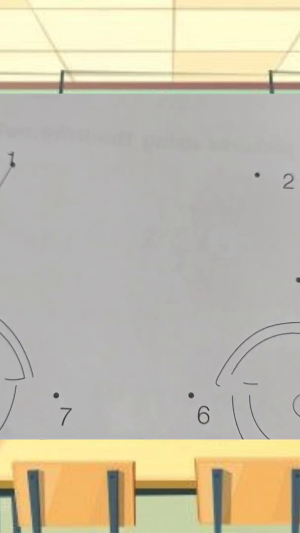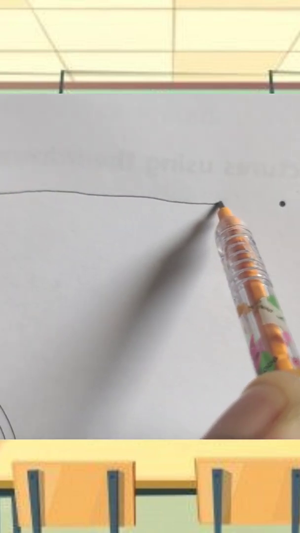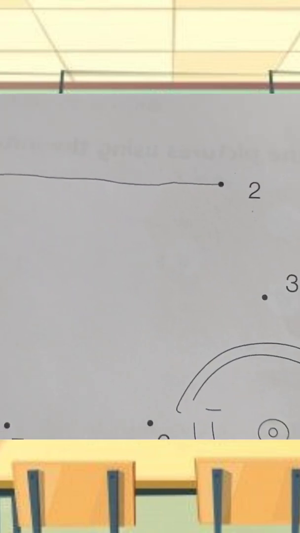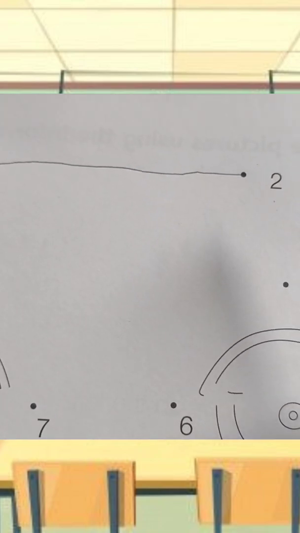So you look, you have to move from 1. Where is number 2? This is number 2. So you move from number 1. You have to use a ruler, right? You move from number 1 to number 2. After 2, what do we have? We have 3.